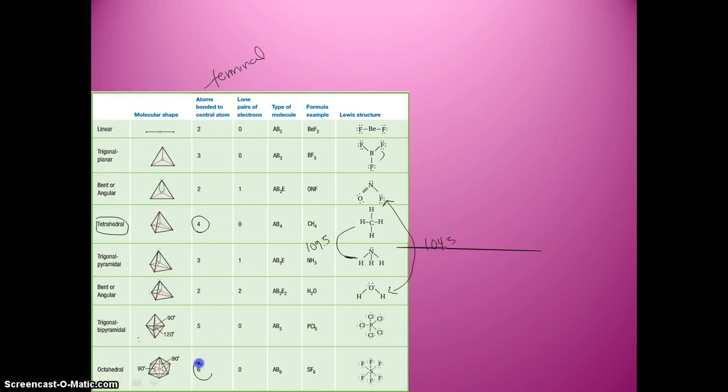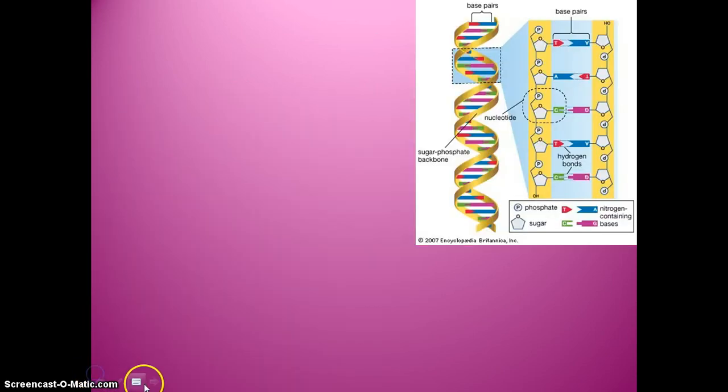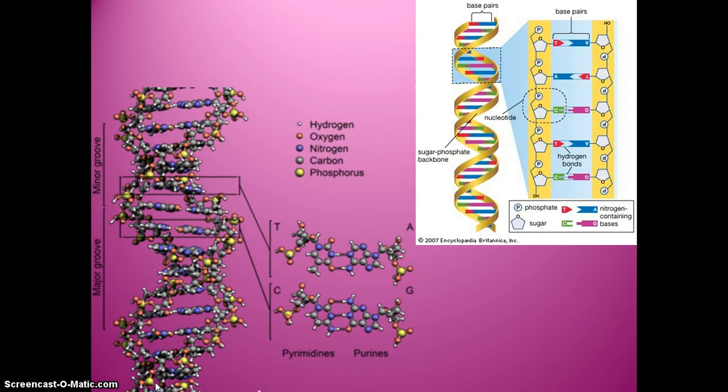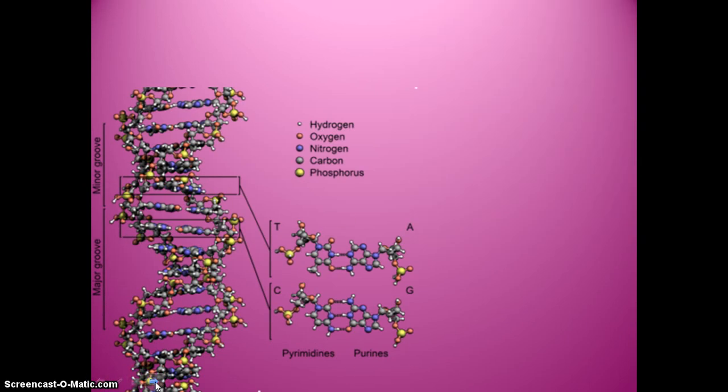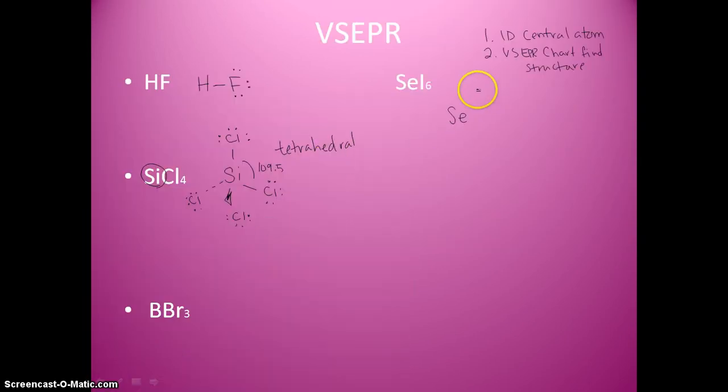There's only one, so this is octahedral. We would label it octahedral. And we go 1, 2, and then 2 come outward, and then 2 go back. Then we put iodine.